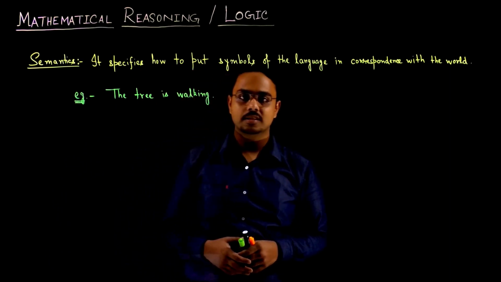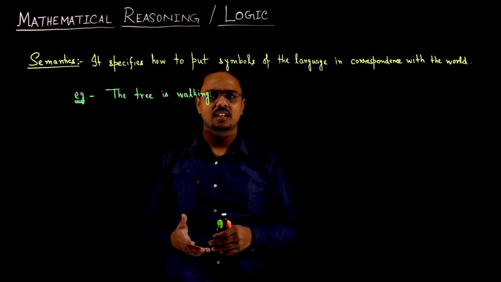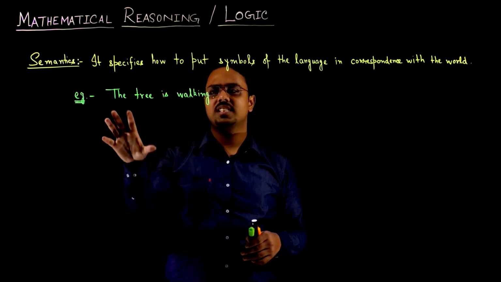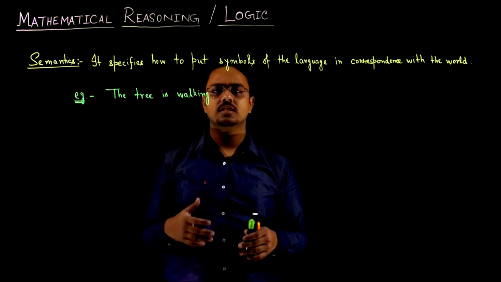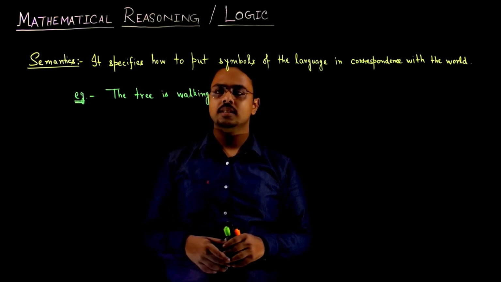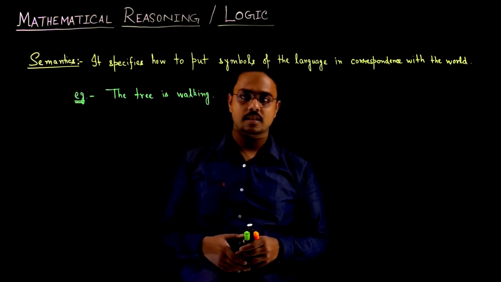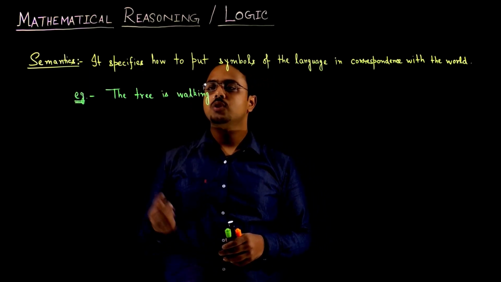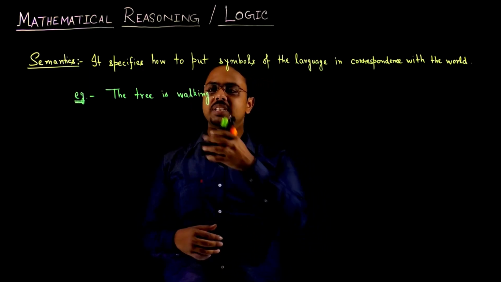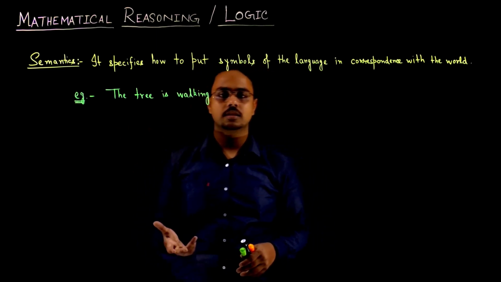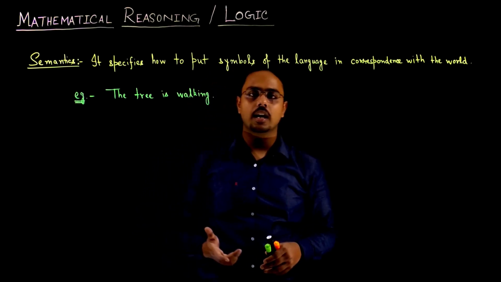Think of it a little bit. A tree is walking. So the statement is looking syntactically okay, but it is logically not making any sense. Okay. So semantics thus specifies that this statement is logically incorrect, though syntactically correct.